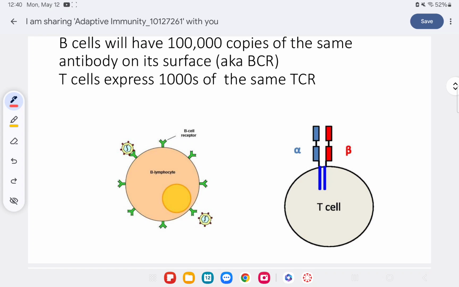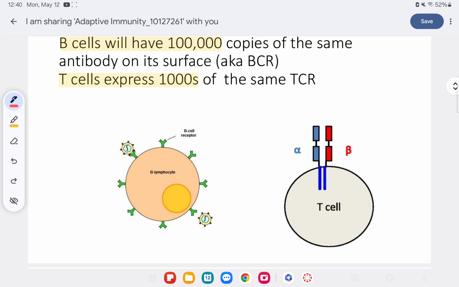There's not quite as many T cell receptors on a T cell, but it's still in the thousands. That's a lot. This isn't depicted correctly because you can't really show the detail without making it bigger, and then that gives us a weird understanding of these numbers. Remember, proteins are so little that certainly you could have that on the surface of a eukaryotic cell.